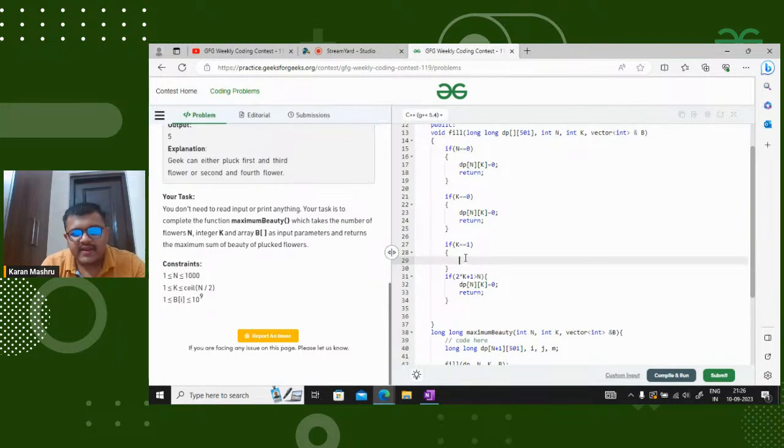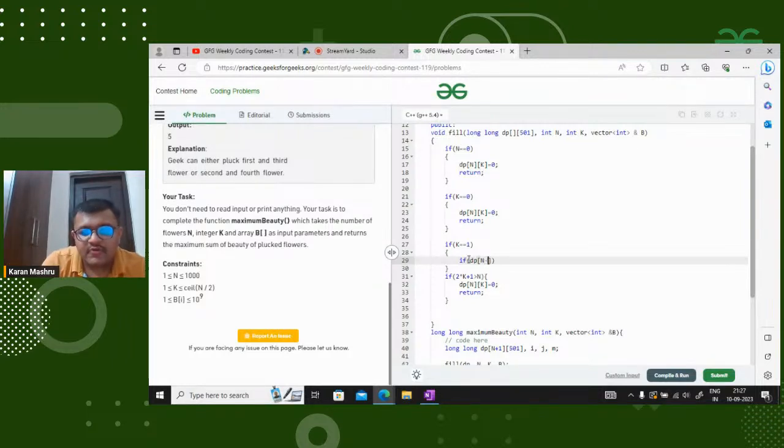So now what will we get here? If k is equal to 1, then dp of n k would be equal to, so either we consider that element, then it would be b of n minus 1, and if we do not consider that element, then it would be dp of n minus 1 and 1, right?